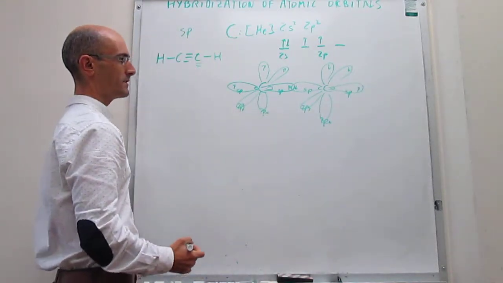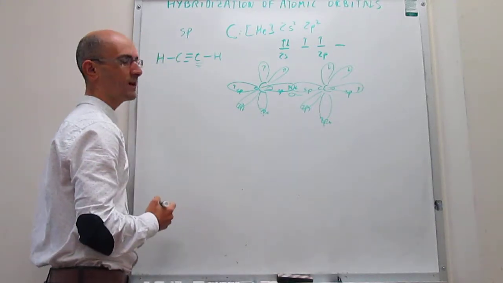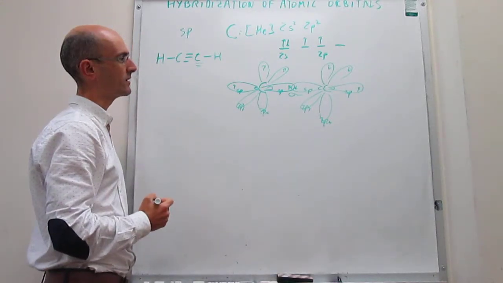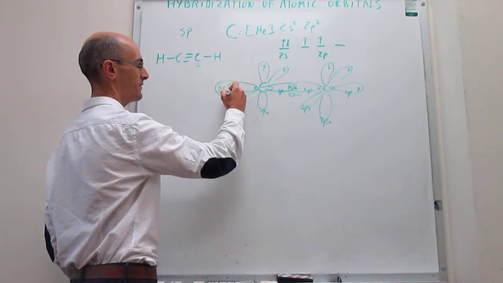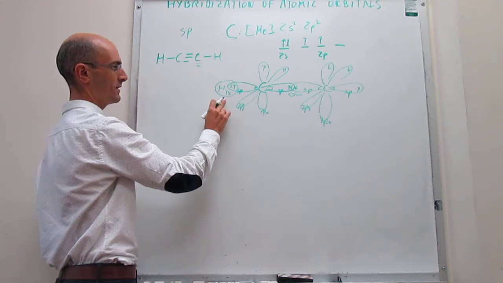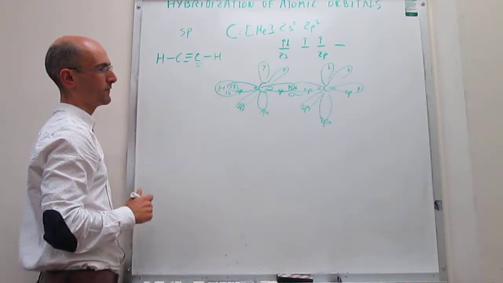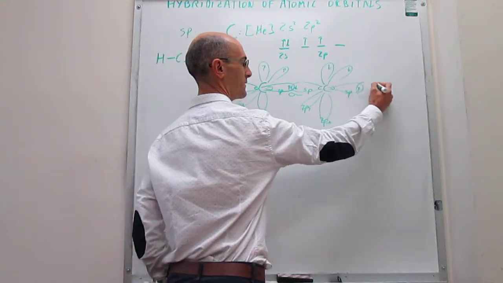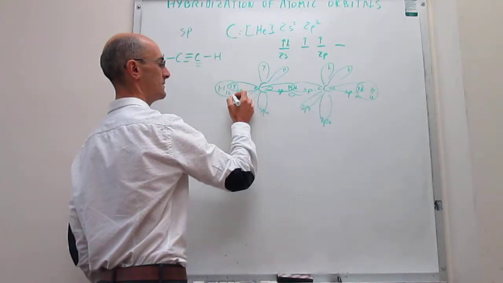So we already know right away that that is a sigma overlap between two hybrid sp orbitals in those carbon atoms. And then we can explain the bonding with the hydrogen atoms as an overlap between the 1s wave function of hydrogen and the singly occupied sp wave function of carbon. Same thing on the other side, 1s orbital, these are all sigma bonds.